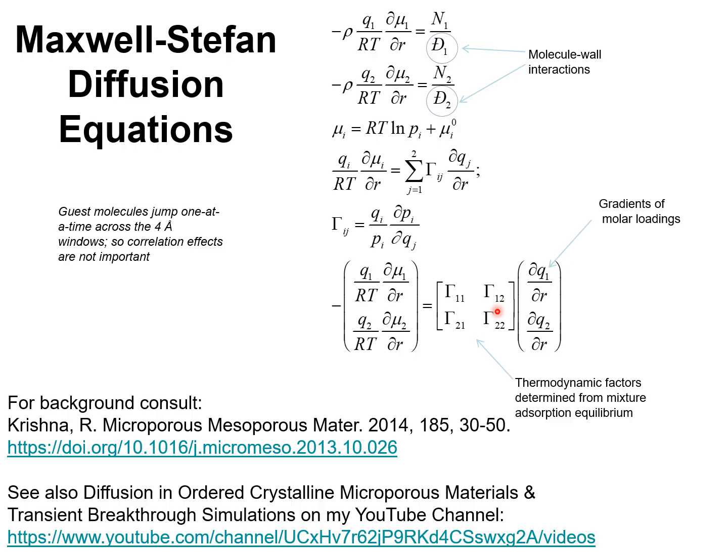However, due to the presence of these cross coefficients, the chemical potential gradient of any component is dictated not only by the gradient of the molar loading of component 1, but also the gradient of the molar loading of component 2.